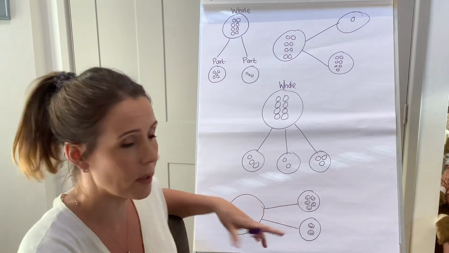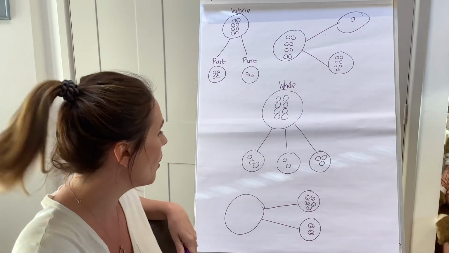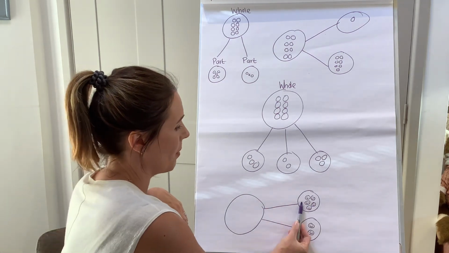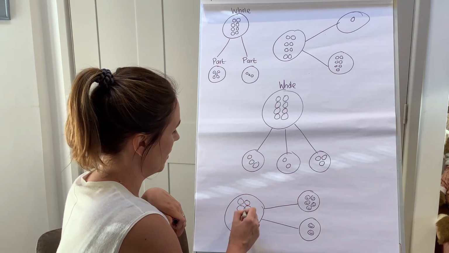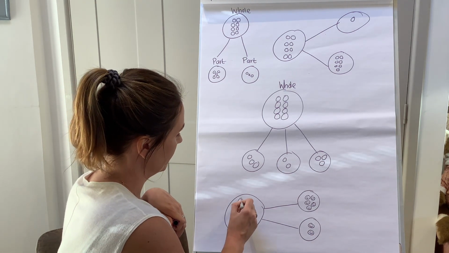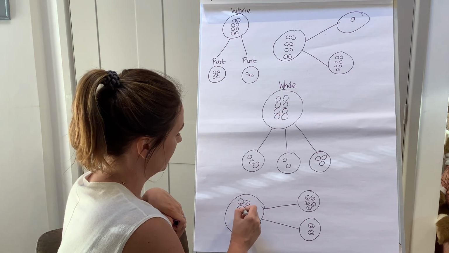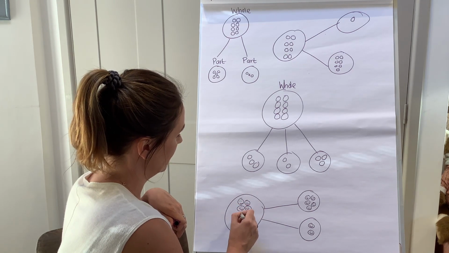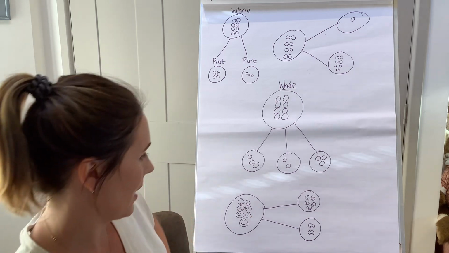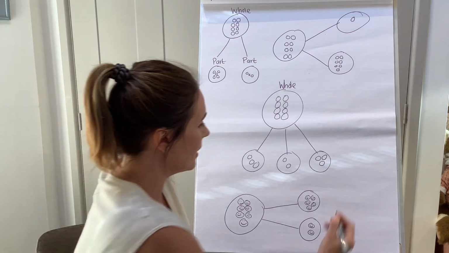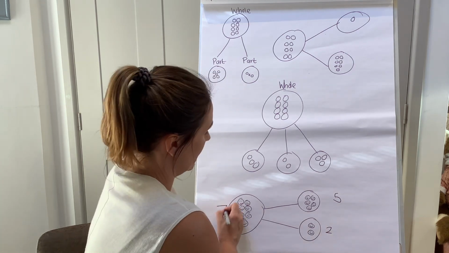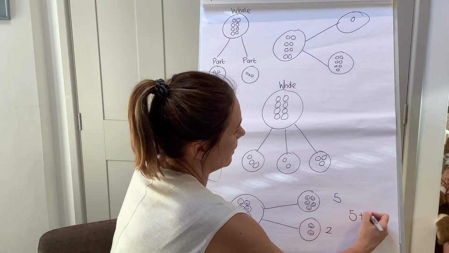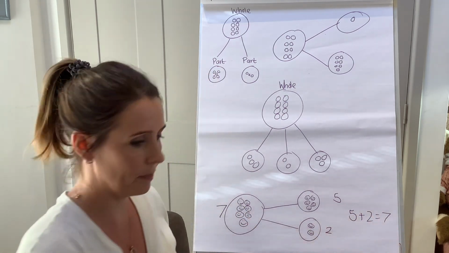If 5 and 2 are the parts and we combine them to make the whole, how many have we got altogether? Well, we've got 5, 6, 7. So we can draw them in there to make 7, okay? And if we want to do little jottings to the side, we've got 5 and 2 and 7. 5 and 2 is equal to 7.